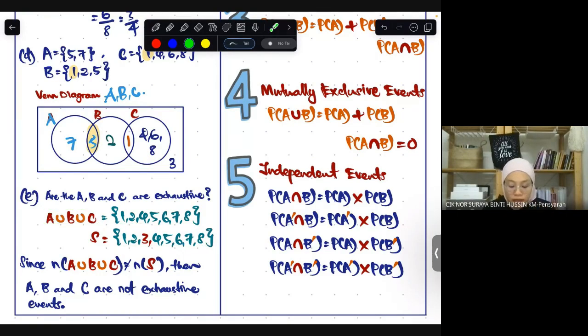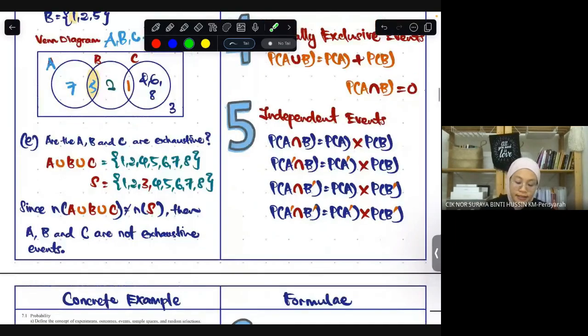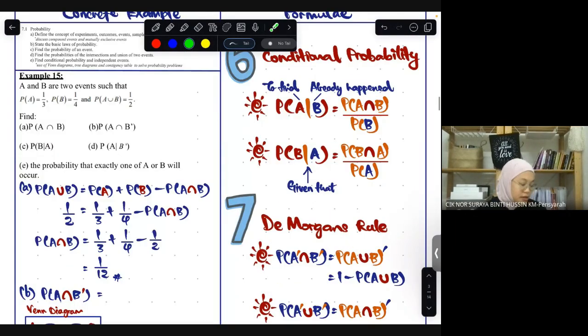But the problem is when we union all three events, it is only 7/8, whereas our sample space is 8/8. So the probability is not the same. Since the probability is not 1, they are not exhaustive events. Just put it like that. That's it. That's the conclusion I can give. I need to move on to the next, more important example.